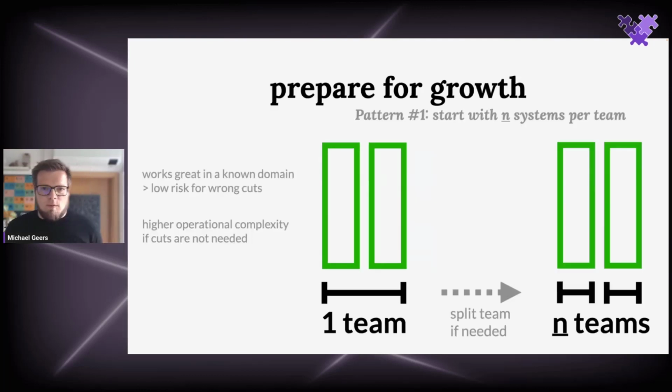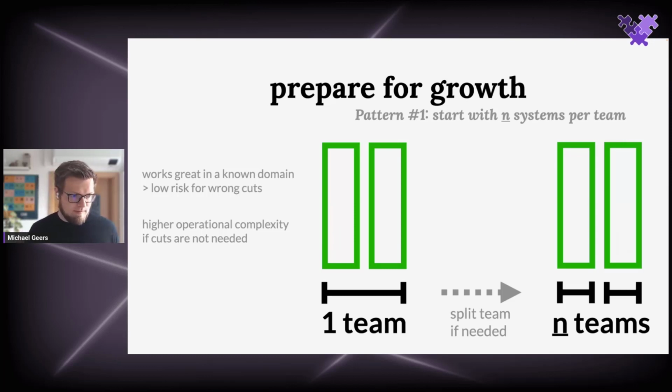Okay, now let's talk about growing. We've implemented two strategies so far, not when we had growing pains, but in preparation of being able to grow. As I said before, we are in e-commerce. We usually know our domain very well.